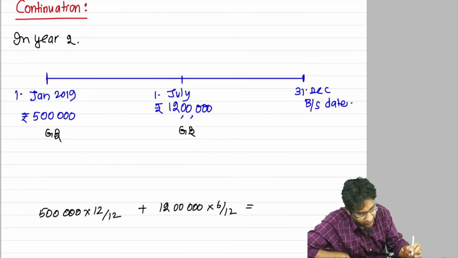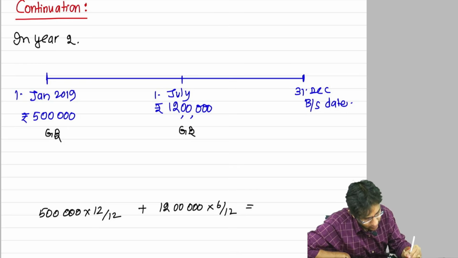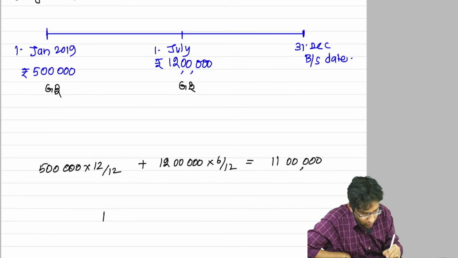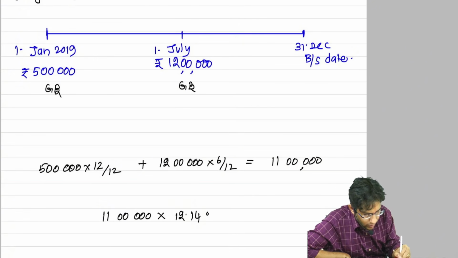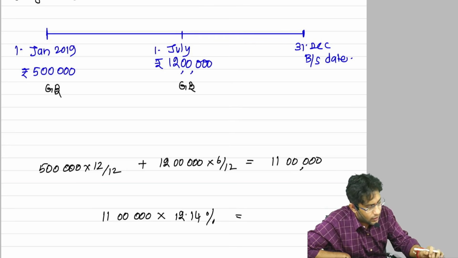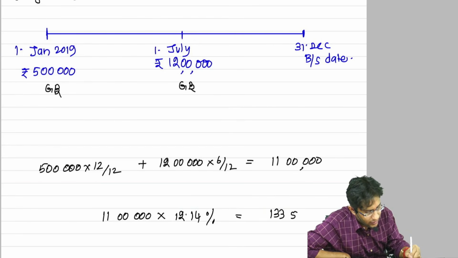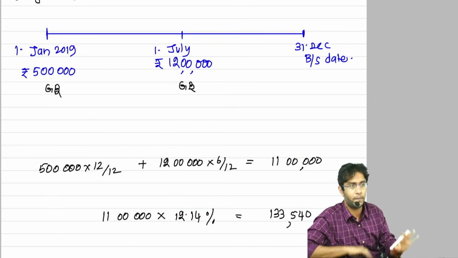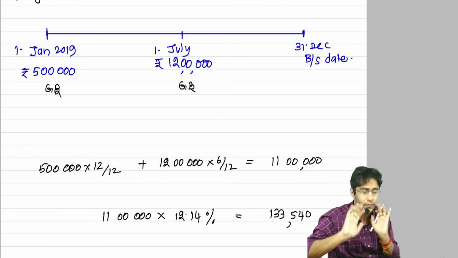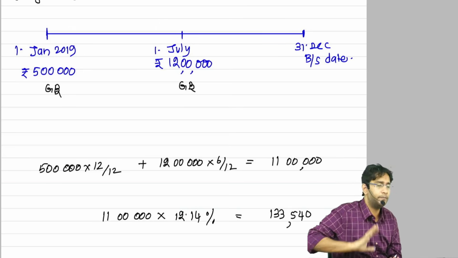So, on an average, 5 plus 6, it will be 11 lakhs. So, on 11 lakhs, our capitalization rate is 12.14%. So, 11 lakhs into 12.14% is equal to 1,33,540. Normal thought, this is wrong.